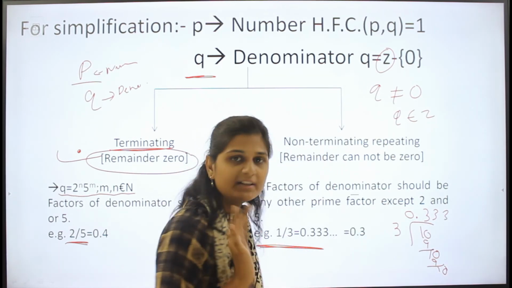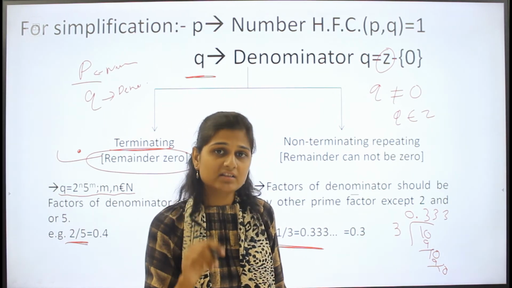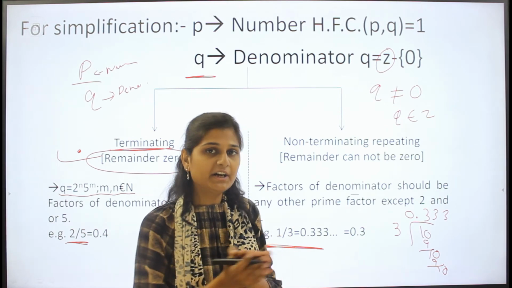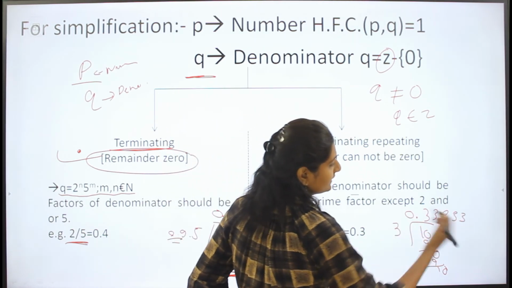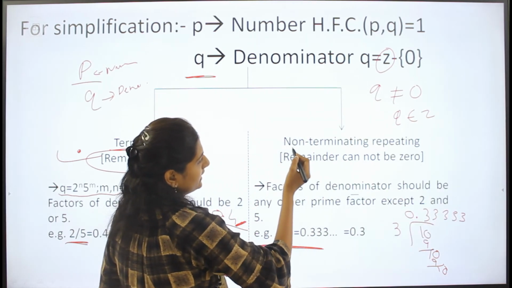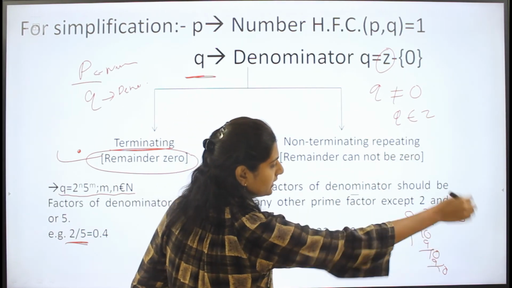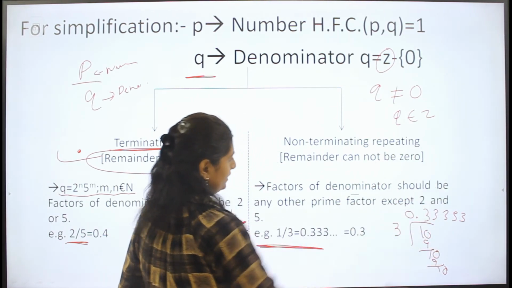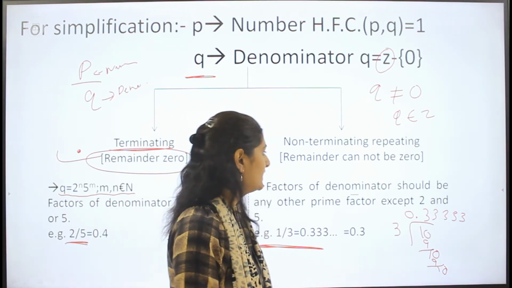Now it does not terminate because you are not getting the remainder as 0, and it continues. As you can see, you are getting 3 continuing. So this value you can call non-terminating repeating because the value is repeating. I don't know how many steps it repeats, but it is repeating.